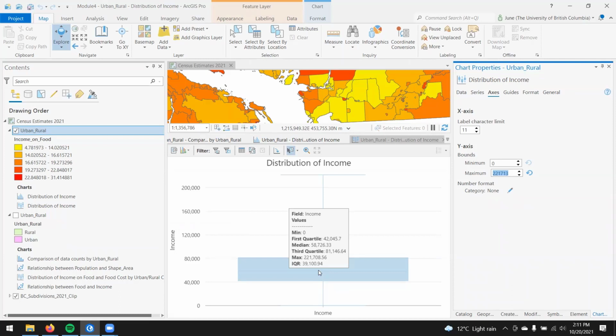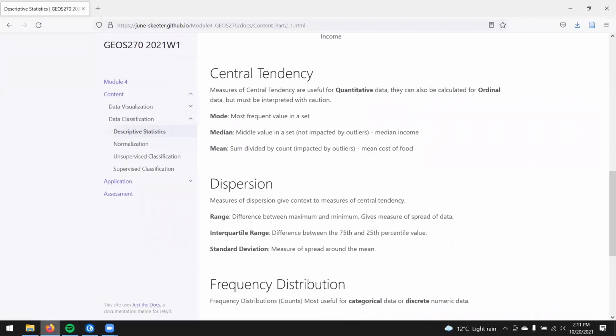And so what that means, quartiles are just quarters, percentiles, so 25th and 75th percentiles. It's just the difference between the 75th and 25th. So it's another measure of the spread or dispersion of a data set. It's not particularly impacted by outliers, whereas the standard deviation and the mean are.